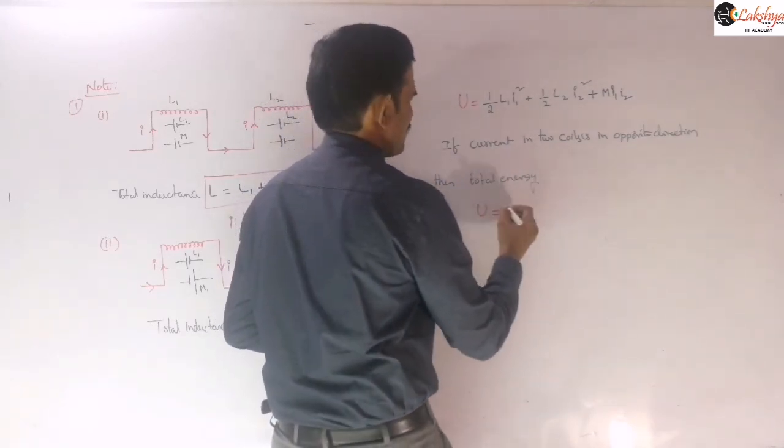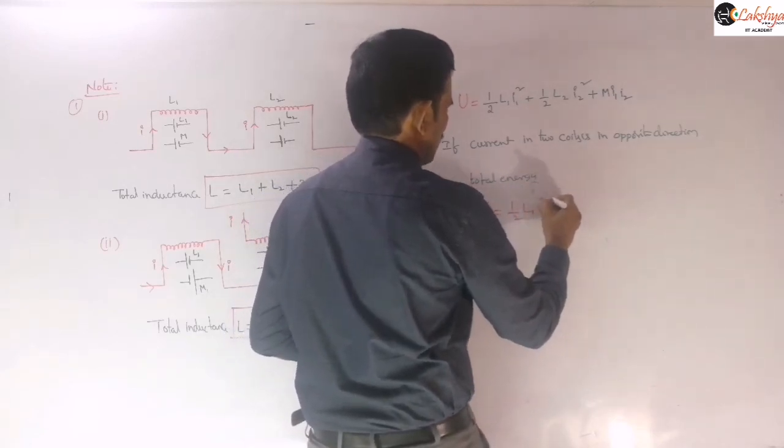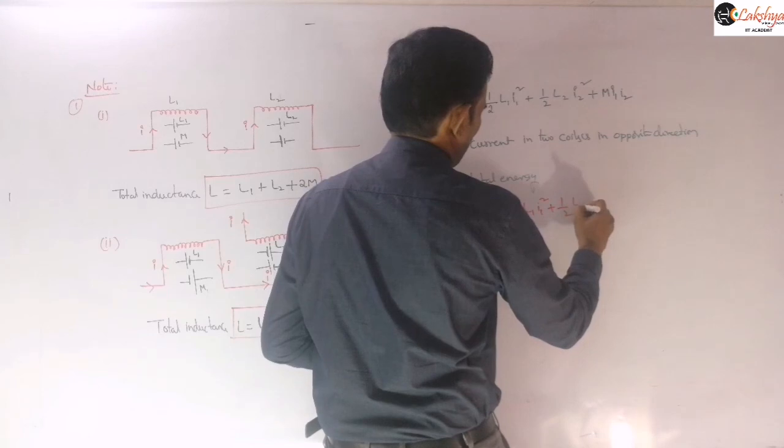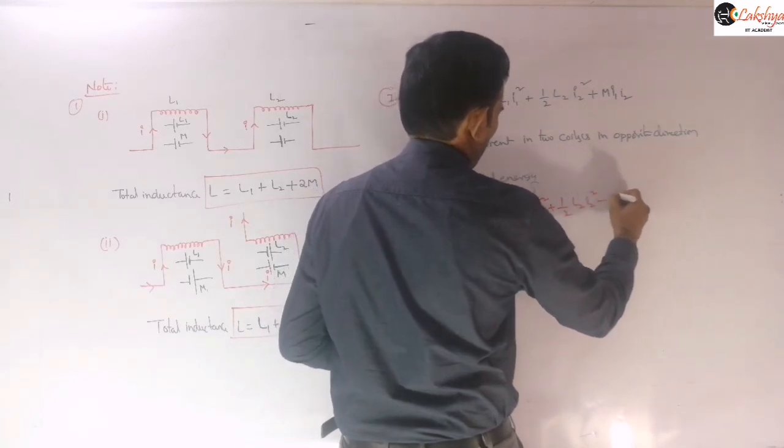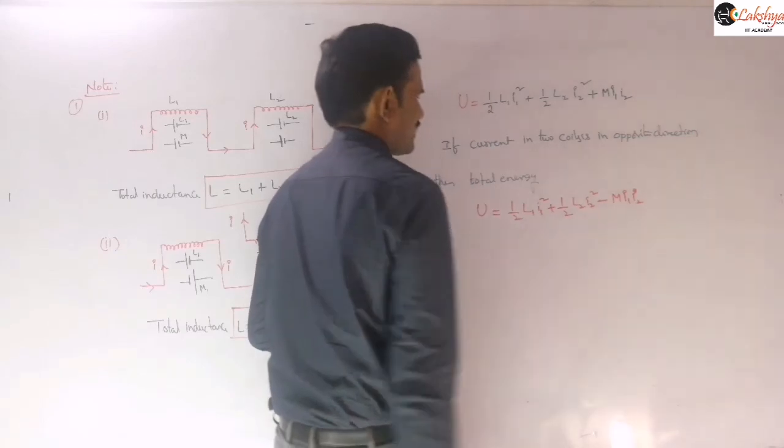So I can write this as half L1 I1 square plus half L2 I2 square minus M I1 into I2. Here you will get the sign as minus M.